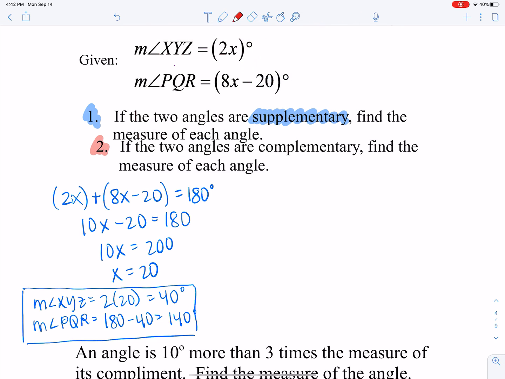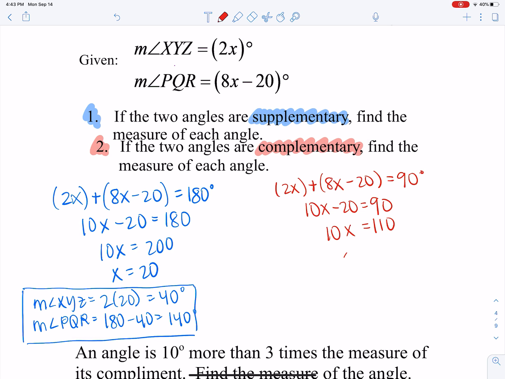Now let's do the second problem, if the two angles were complementary. So now 2x plus 8x minus 20 have to add up to 90 if they're complementary. So the same algebra work. Now x equals 11.